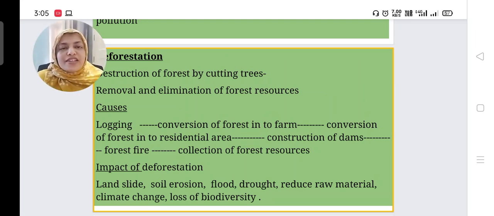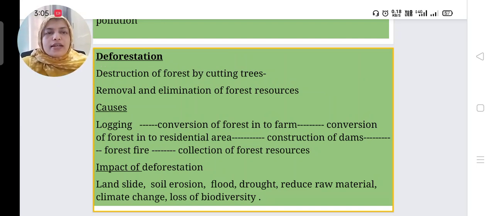Good morning. In earlier class, we discussed some basic concepts regarding environment and natural resources. And we have already studied forest resources. Then we have to discuss some aspects regarding deforestation.